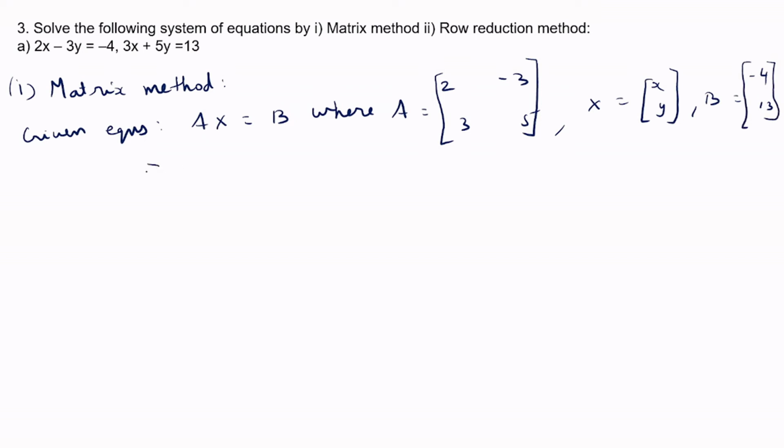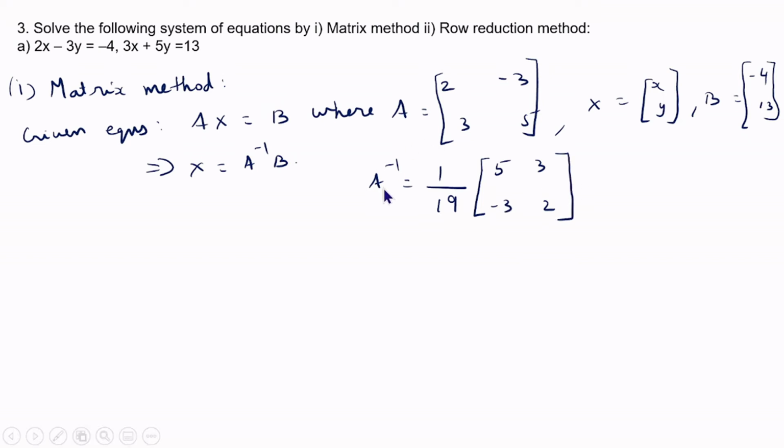So from this we can find X as A inverse into B. So first let us find A inverse. A inverse is 1 by determinant of A into adjoint of A. Since this is a 2 by 2 matrix, determinant of A is 10 plus 9, 19, into adjoint of A. For adjoint of A, we have to interchange the diagonal elements and change the sign of the other elements. So this is A inverse.